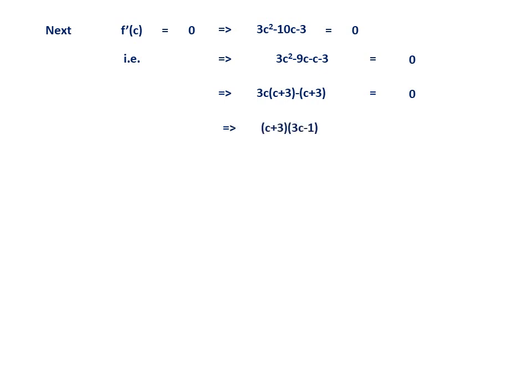Next, f dash c equal to 0 implies 3c square minus 10c minus 3 equal to 0. So this you have to solve. So 3c square minus 9c minus c minus 3 equal to 0. Factorization, splitting the middle term. So 3c into (c minus 3) plus (c minus 3) equal to 0. Or you can write (c minus 3) into (3c plus 1) equal to 0.